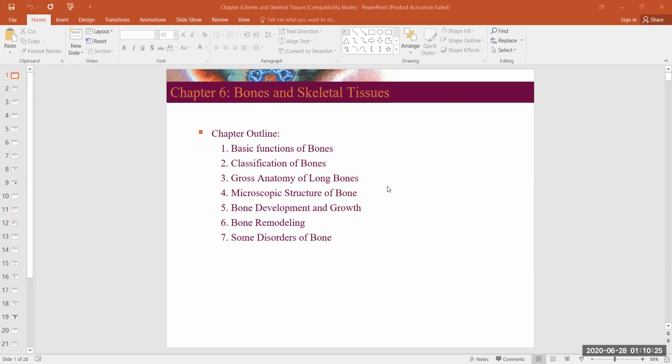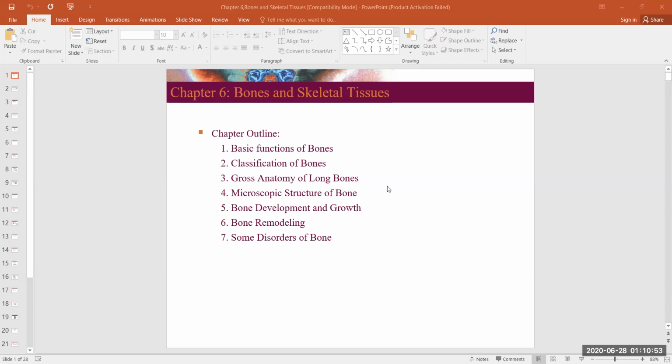And when you study the microscopic structure of bone, bones are made up of a small unit of bone that is called osteon, O-S-T-E-O-N, and you will see that. Okay, we will talk about osteon. Then bone development and growth. We have two kinds of bones in the body. Some of them are long, some of them are flat, and these two kinds of bones develop from different processes.